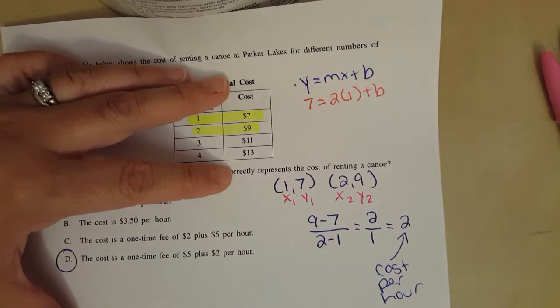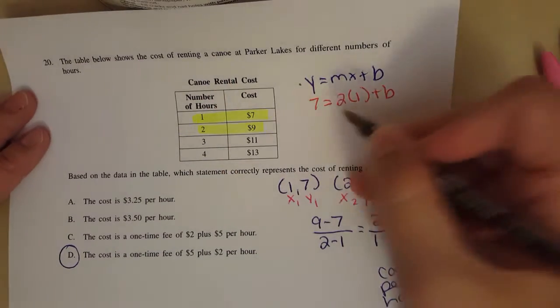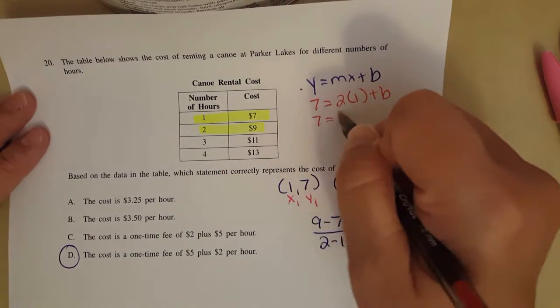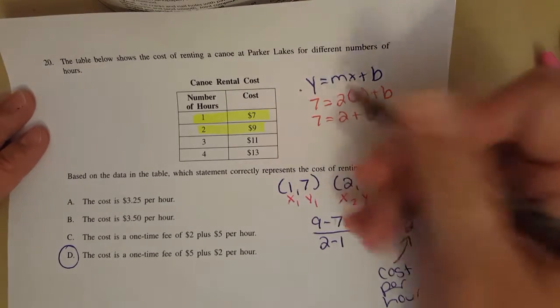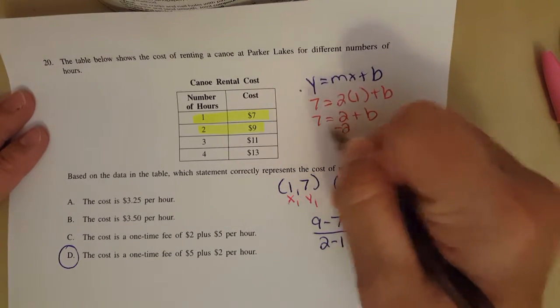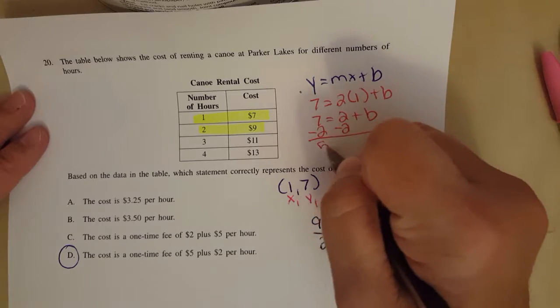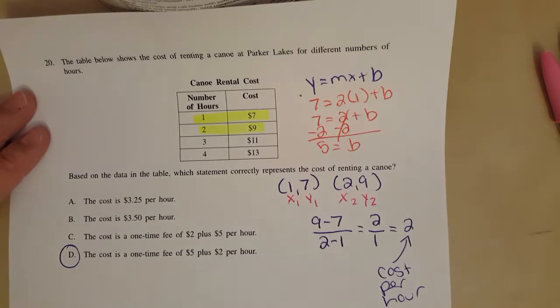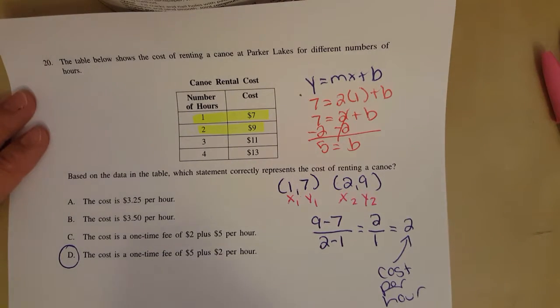And we need to solve for b to find out what that one-time fee is. So 2 times 1 is 2. We have 7 equals 2 plus b, so we're going to subtract 2 from both sides. And we get 5 is b. 5 is our y-intercept. That's going to be that one-time fee. So our answer choice is correctly answer choice D.